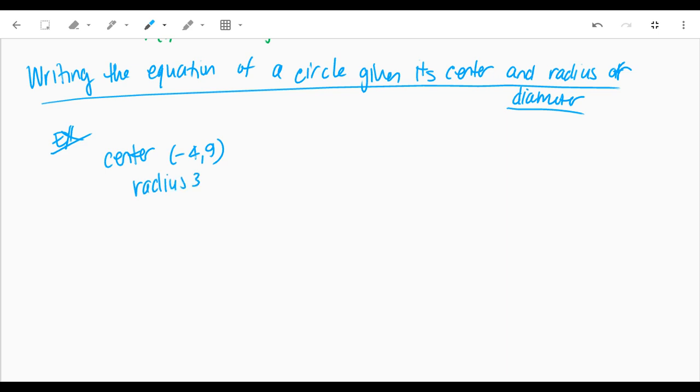And you're just going to use that x minus h squared plus y minus k squared is r squared. Remember the center is h, k, so we'd have x plus 4 squared plus y minus 9 squared equals 3 squared. That's it. Super easy, right?